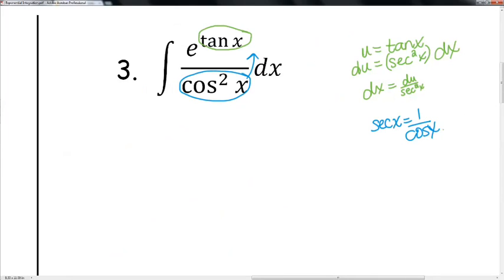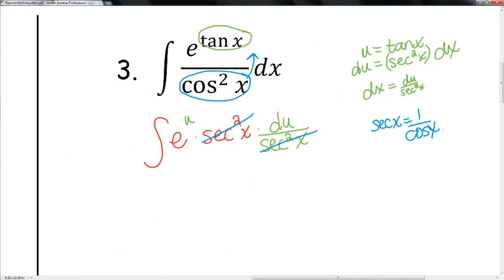So let's go ahead and do that. And so now we have du over secant squared x. So now these two can cancel. And so I have the antiderivative of e to the u du.